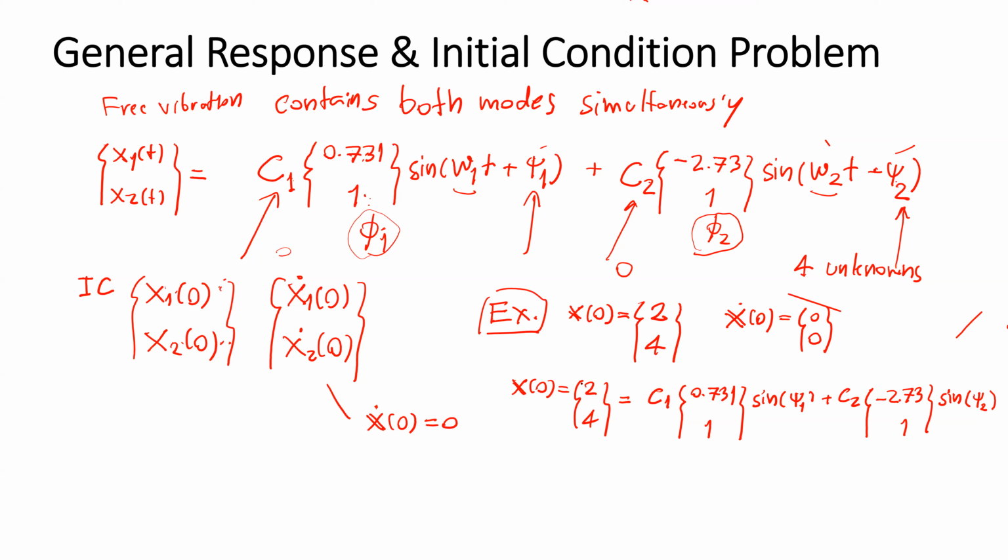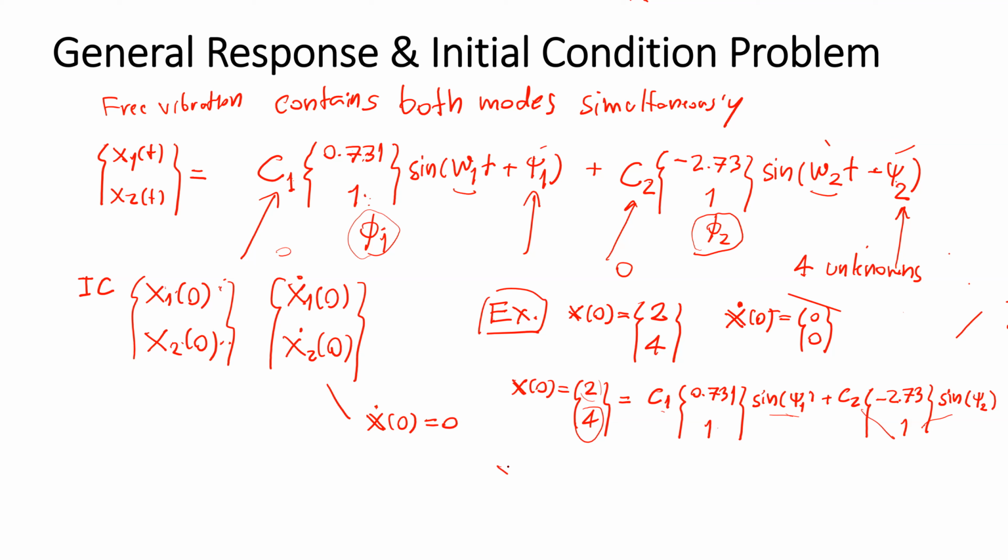The first equation is 2 equal to C1 multiplied by 0.731 and sine of this, and the second term. And the second equation is 4 equal to C1 multiplied by 1 multiplied by sine of phase shift, and C2, 1 and sine. How to use the initial velocity?